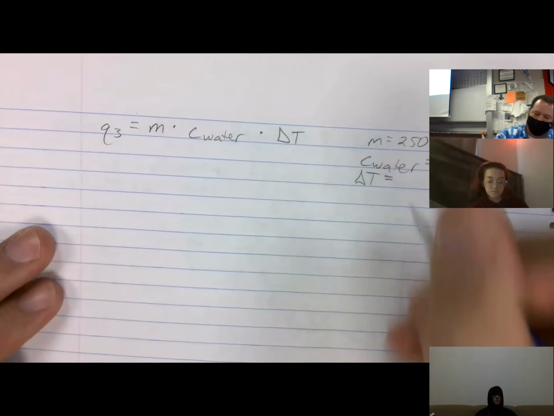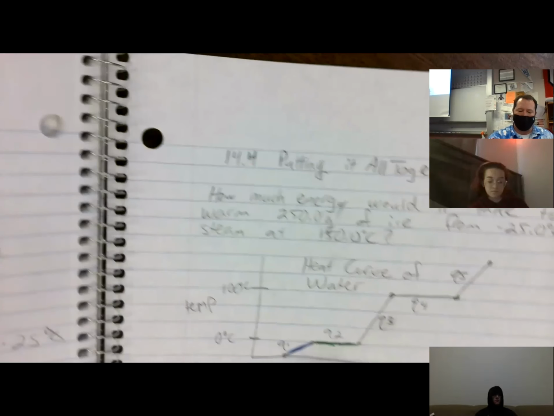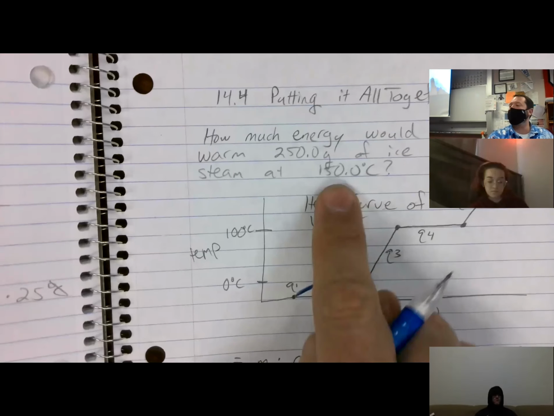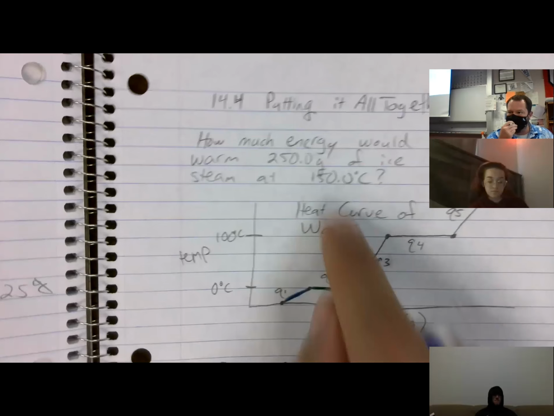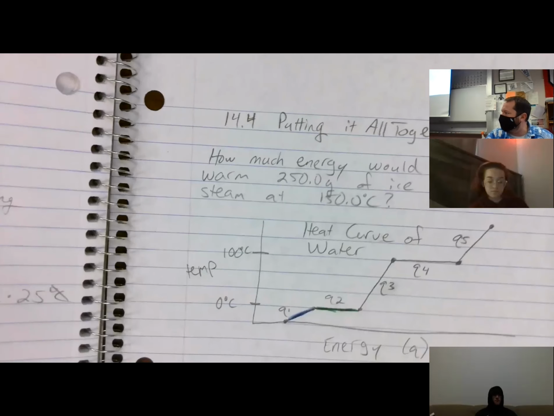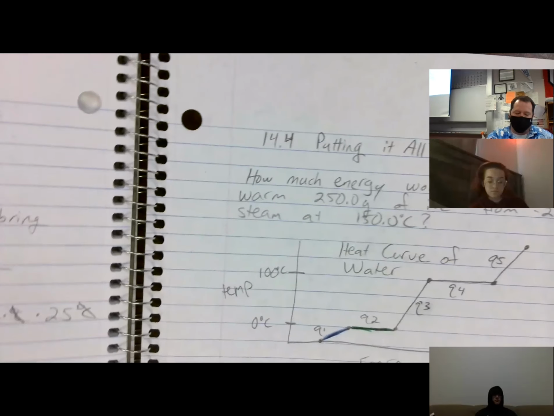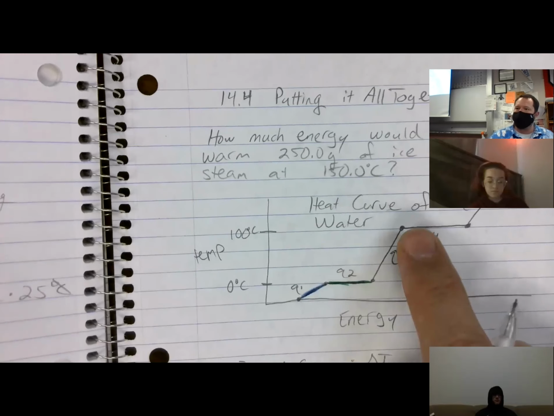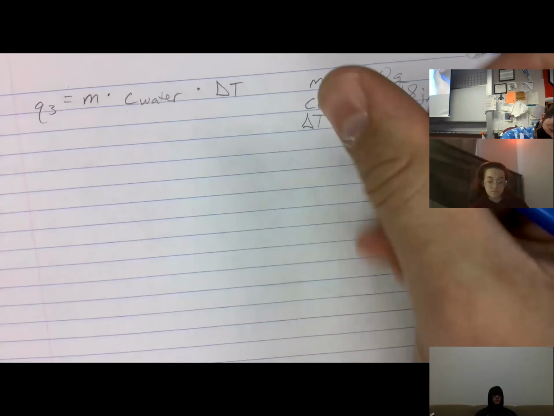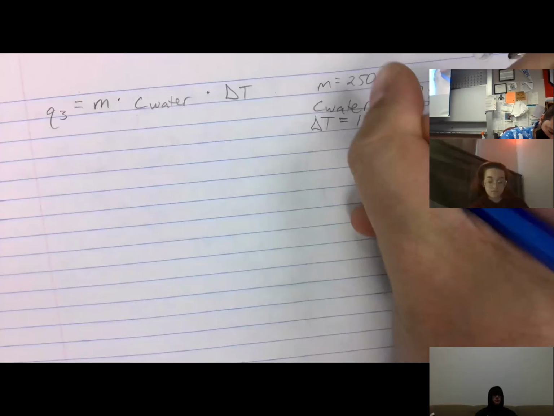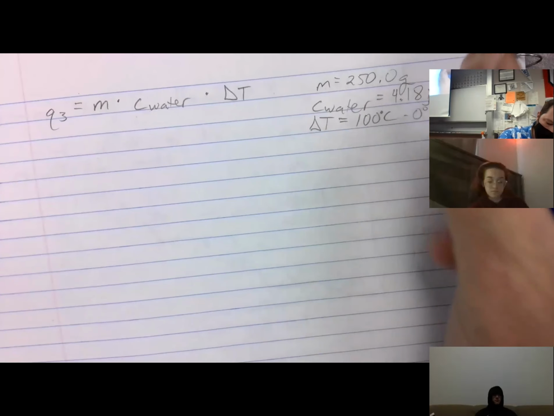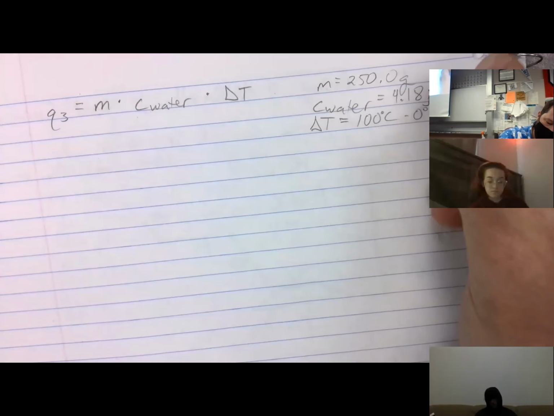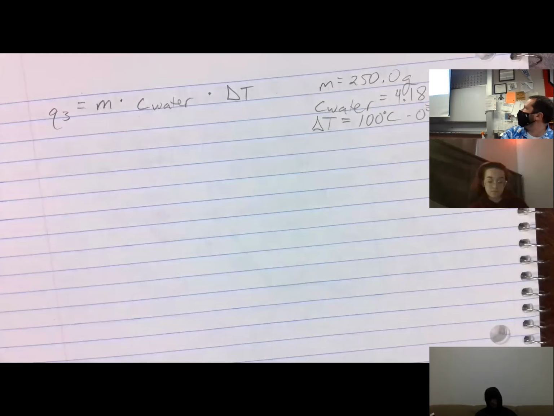And our change in temperature, again, if I go back a page and read the directions, I can't go up to 150 degrees, not possible. Water is going to boil at 100 degrees, so I can only go from 0 up to 100. That's it. Don't try to go further. It's just not possible. My final temperature is 100 degrees. I started at 0 degrees, so my temperature change will be 100 degrees Celsius.